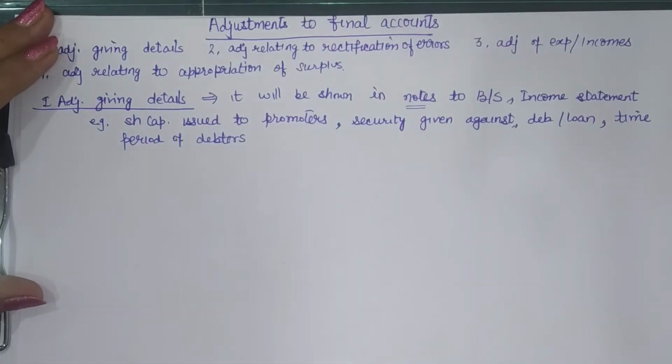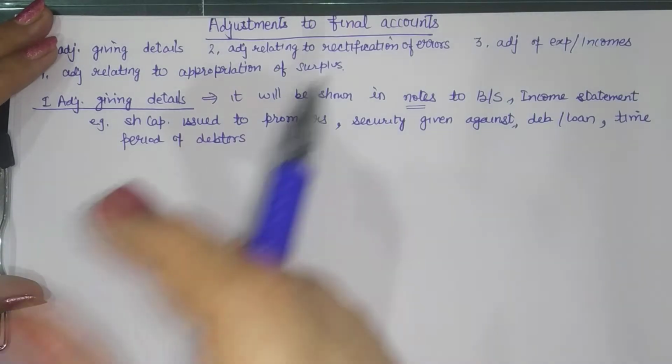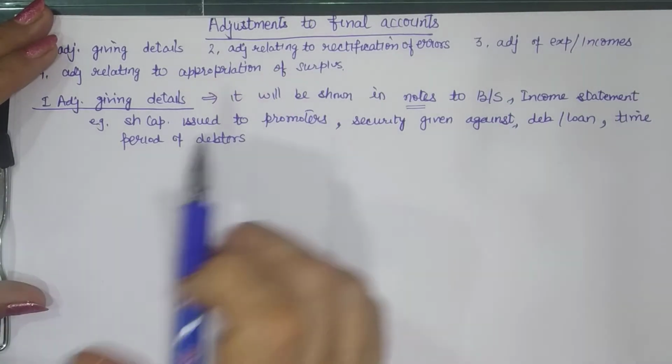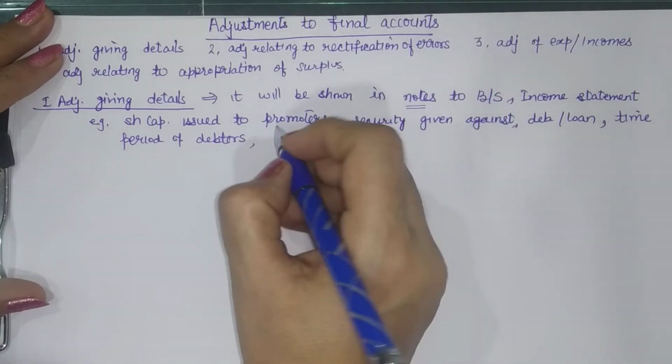So these are all the details, and we don't need to pass an entry. These are not requiring entries. We will just give them in the notes.